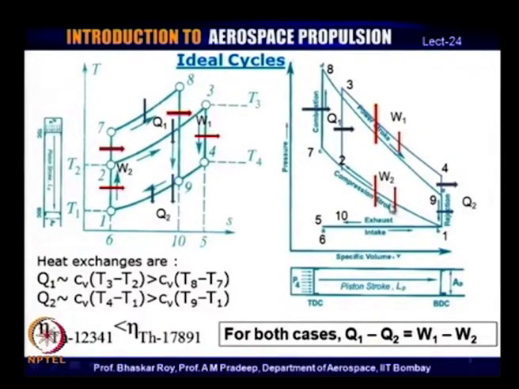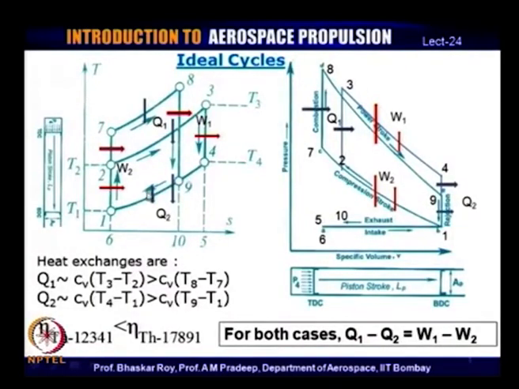And in this we can see here that the work is being put in and work is being taken out from both the cycles. In terms of the basic consideration that we have seen, the two cycles are supposed to do the same work. So, for both the cases, Q1 minus Q2 is actually equal to W1 minus W2, so that the net work done is equal to the net heat that has gone into the system, and that is the same for both the cycles.